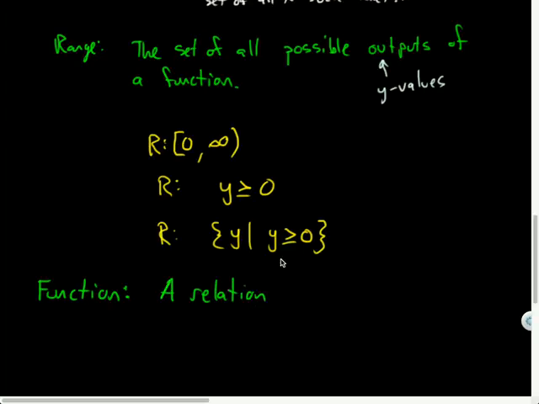A relation is just any sort of connection between inputs and outputs. So a function is a relation in which each input has exactly one output.